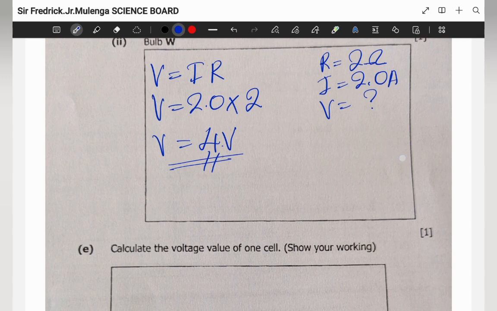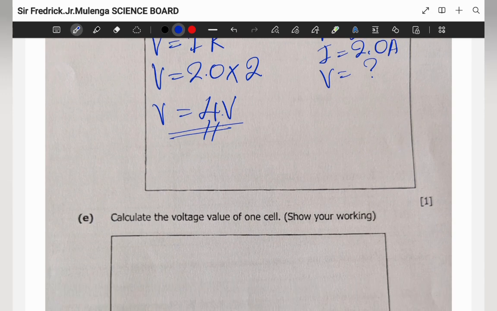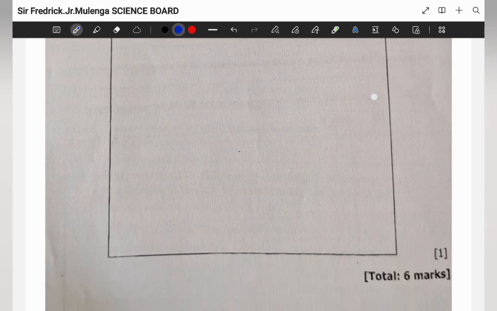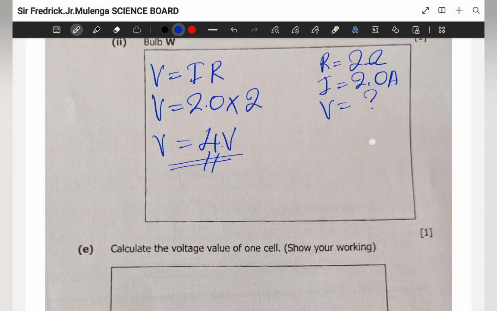Then you move on to E. Calculate the voltage value of one cell, and show your working. So they want us to calculate the value of one cell, and this is so easy.